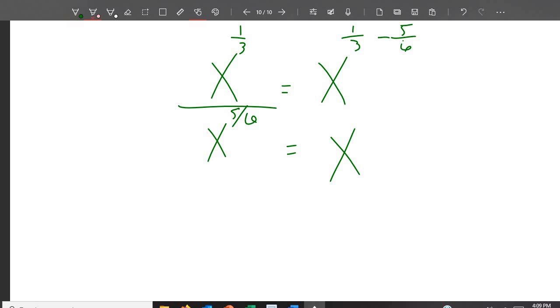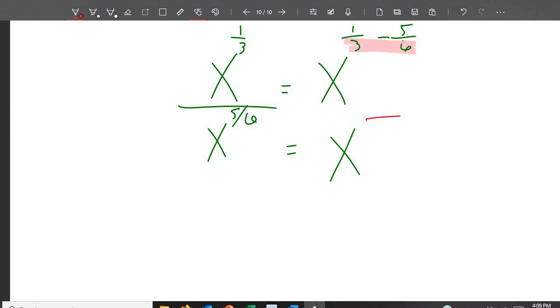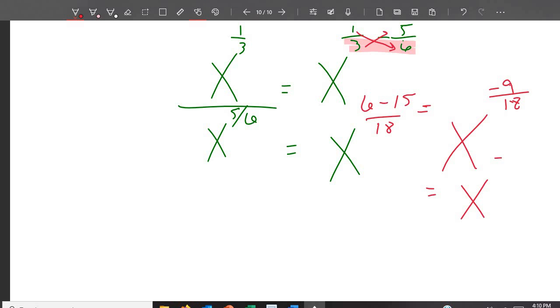So multiply those two together. We're going to get 18. Cross multiply to get what goes in the top. Minus 15. Keep simplifying. 6 minus 15 is -9 over 18. I can simplify that a little bit more. That's -1/2.